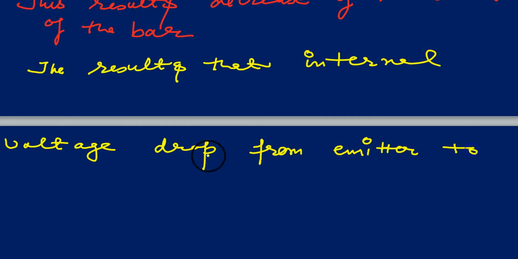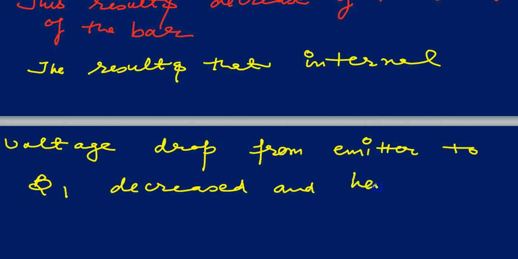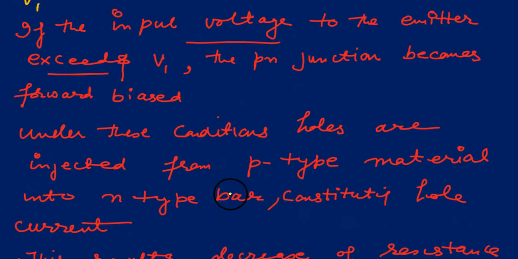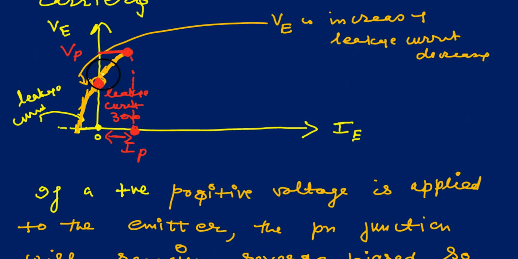Voltage drop from the emitter to B1 decreases, and hence emitter current IE further increases. This process continues, voltage is decreasing and current is increasing.